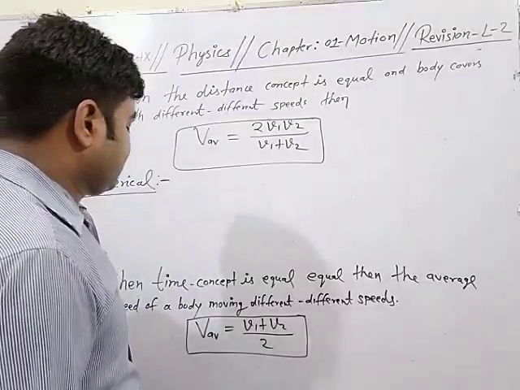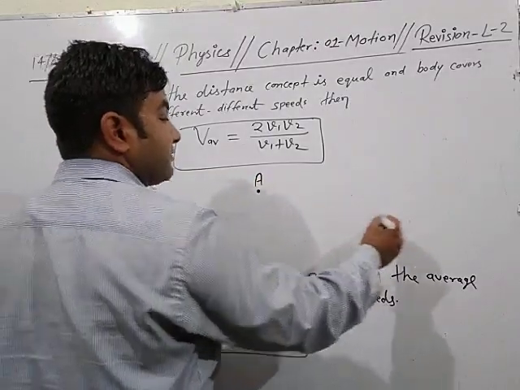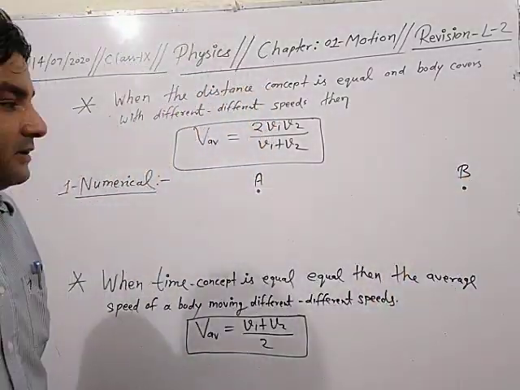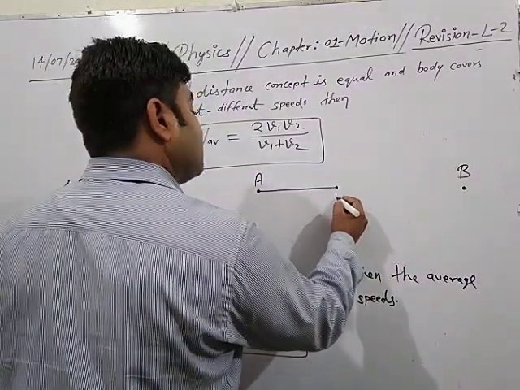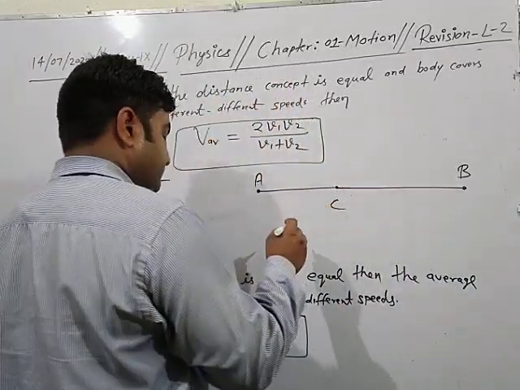Very simple. It is in equal time interval. Suppose a body is going from A to B, and here from A to C and then C to B, whatever distances, no matter.